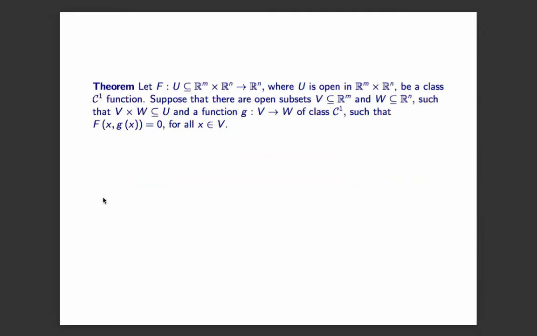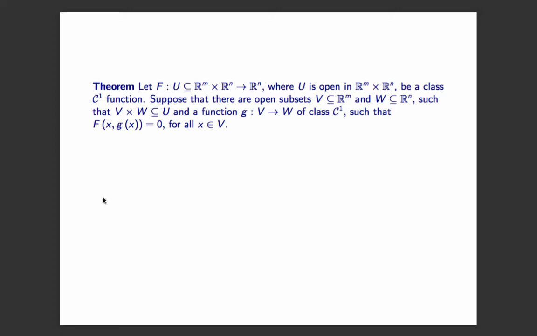So let's discuss a theorem that would essentially tell us what it looks like if F does define an implicit function. In this theorem we call it g of x. So suppose F maps an ordered pair from R^m and R^n to R^n. Now, by the way, we're thinking of F as a function of an ordered pair, let's say x and y. x is in R^m and y is in R^n.